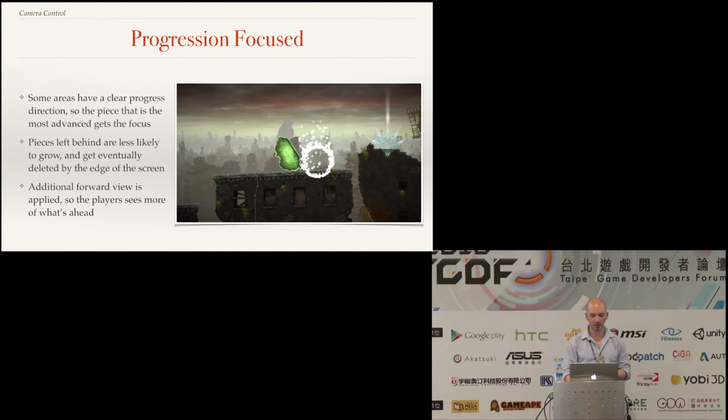You can also see that some additional forward view is applied, because it's always more interesting to see what's in front of you. Since we know this region has a trajectory from right to left, we center slightly to the left of the mushrooms.